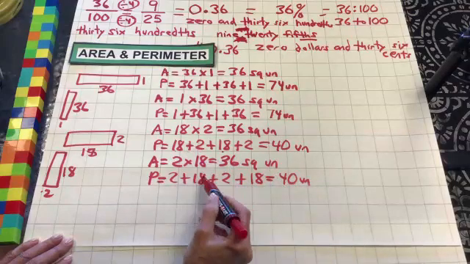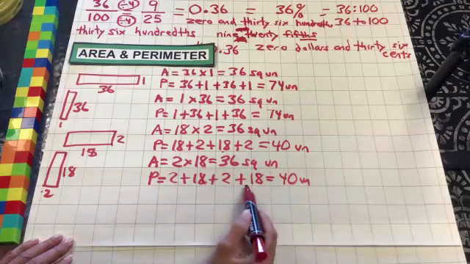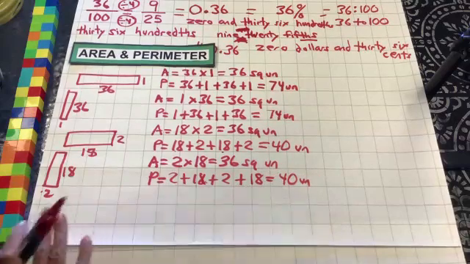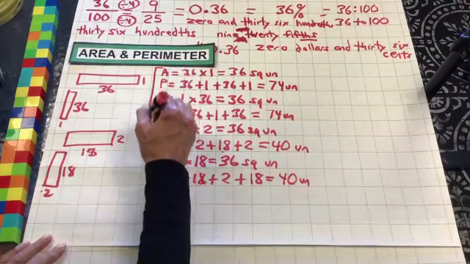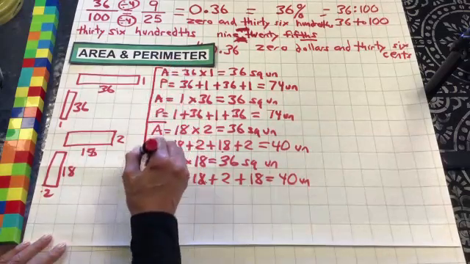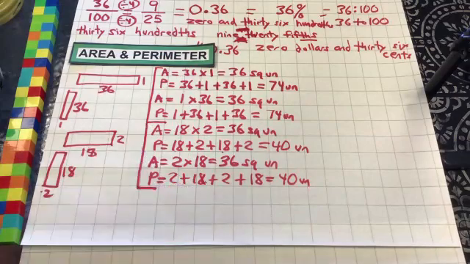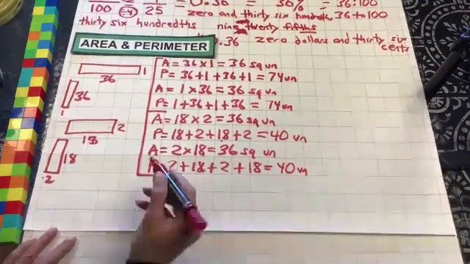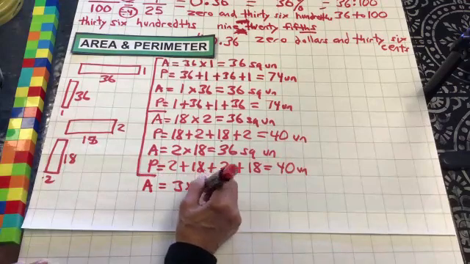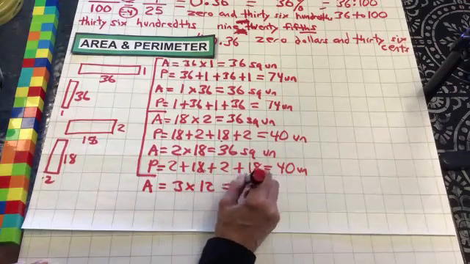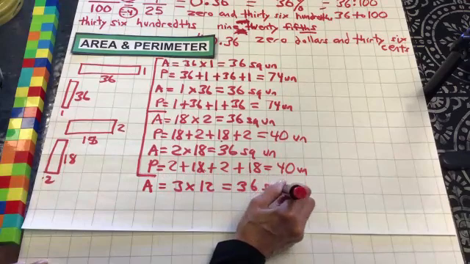And I know this one's going to be the same as this one. It's the same numbers, just in different order. All right, that's 2 different ones. So this is 1 factor pair, and this is the other factor pair. Now let's do 3s. So area equals 3 times 12, which equals 36 square units.